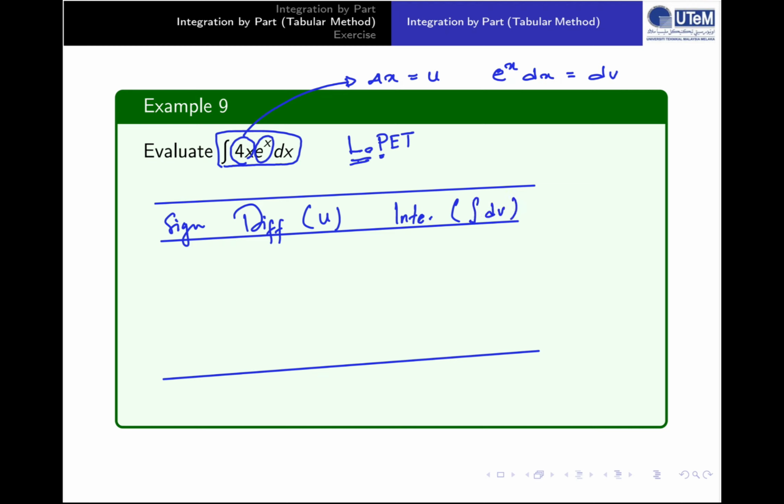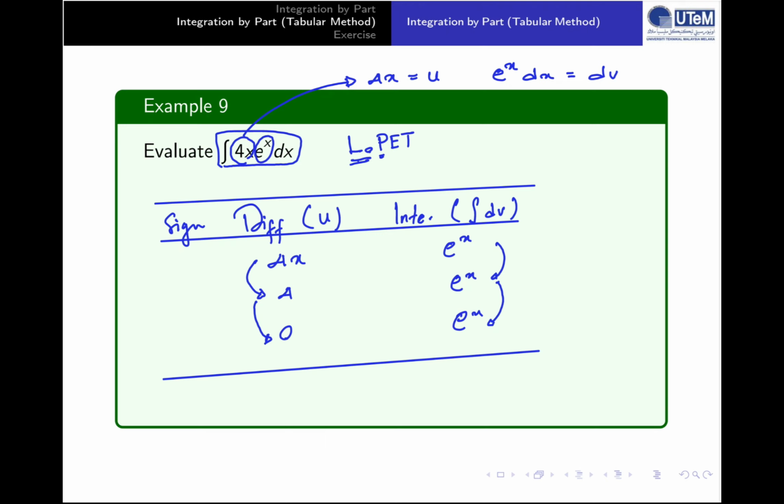You need to integrate. So in this case, your u equal to 4x, and then your integration is e^x. So you differentiate u until you get 0. After you differentiate 4x, you get 4, and then after you differentiate 4, you get 0. So you stop there. Integrate e^x, also you get e^x. Integrate e^x, also you get e^x. So here you must integrate, and this one you must differentiate.